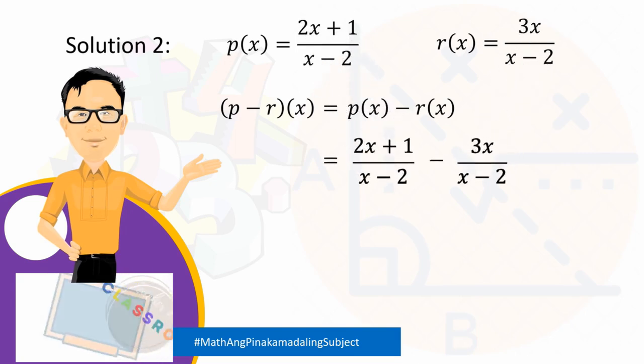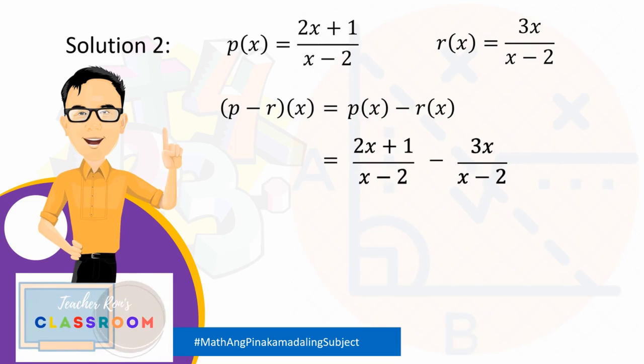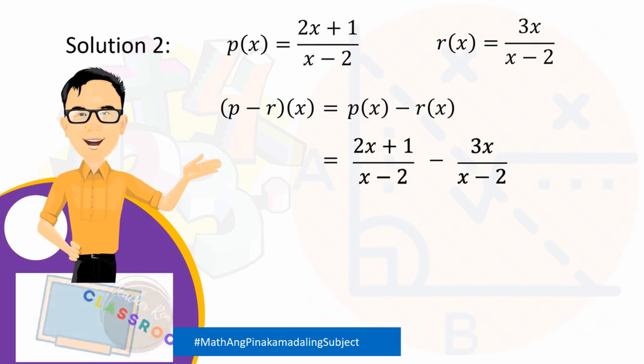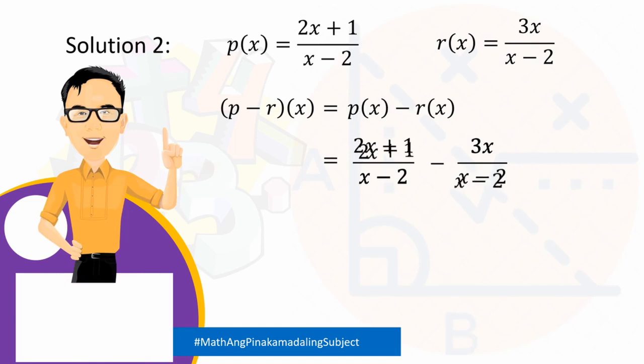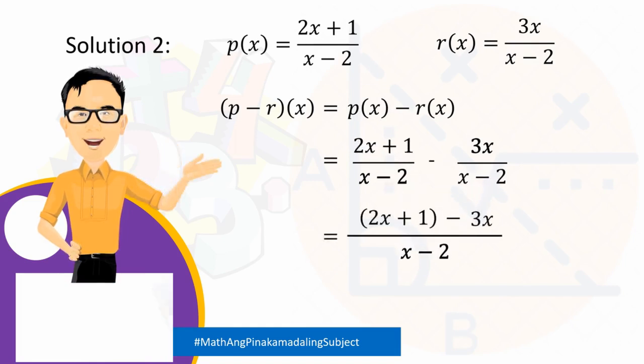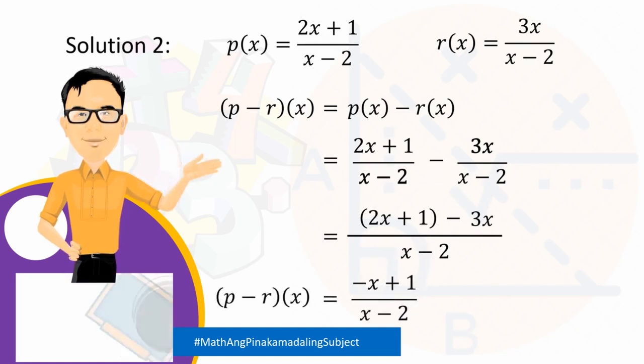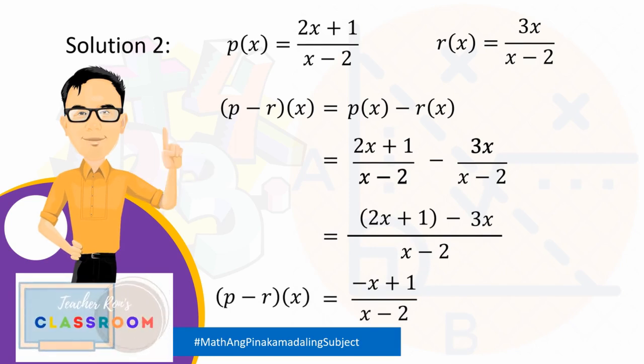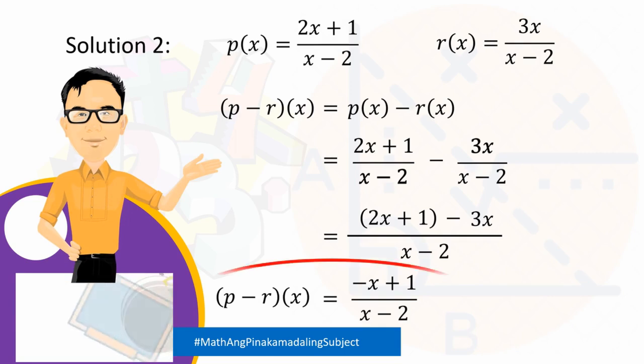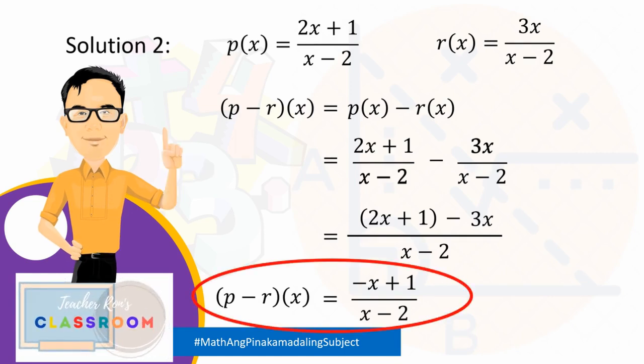Again, we have a similar denominator, so we copy that, then subtract the numerators: 2x plus 1 minus 3x. 2x minus 3x equals negative x, then plus 1 over x minus 2. Therefore, p minus r of x equals negative x plus 1 over x minus 2.